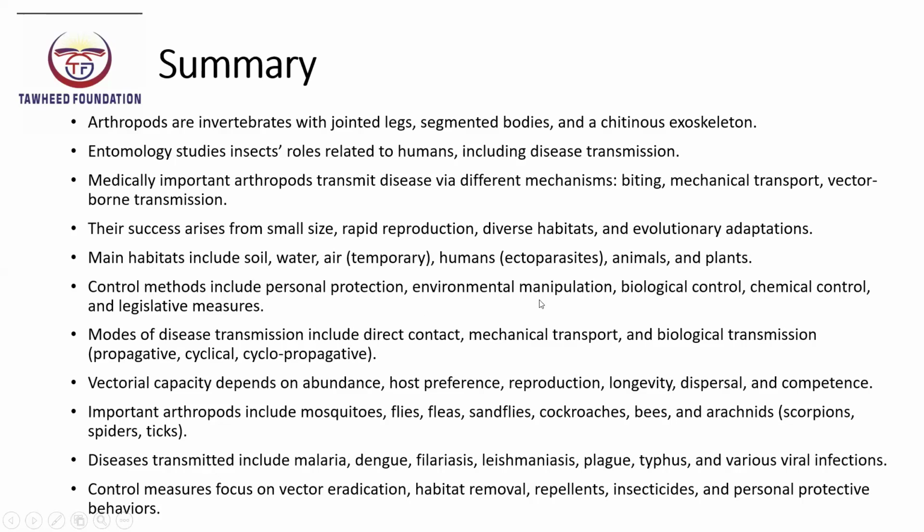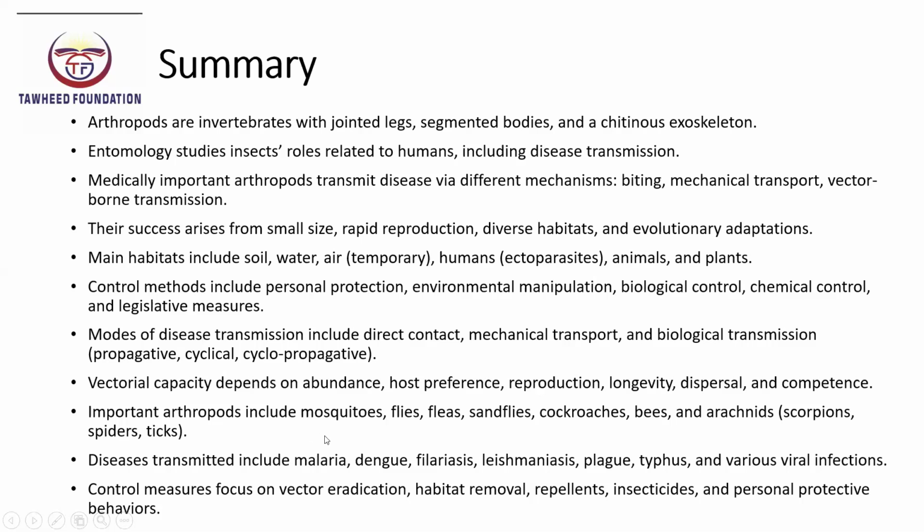personal protection, environmental manipulation, biological control, chemical control, and legislative measures. Modes of disease transmission include direct contact, mechanical transport, and biological transmission, which is propagative, cyclopropagative. Vectorial capacity depends on abundance, host preference, reproduction, longevity, dispersal, and competence.